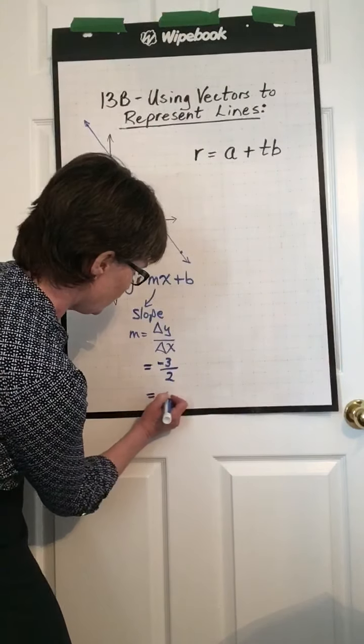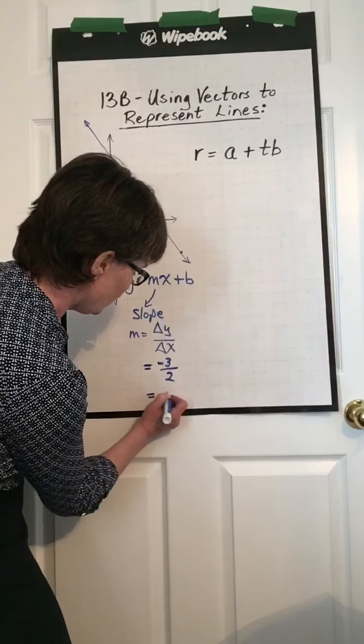Okay, this is the y-intercept. So we can just go and look at the y-intercept. 1, 2, 3, 4, 5, 6. It's at 6. So therefore the equation of this line is y equals negative 3 over 2 x plus 6. Okay, so that's from the past linear functions.